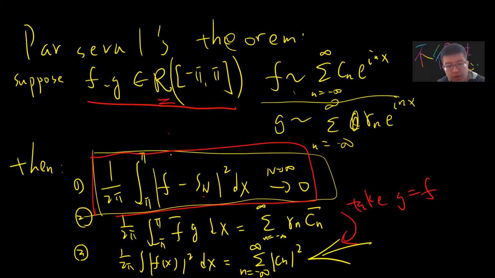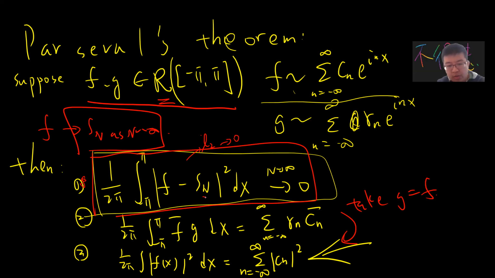Okay, so let me just mention the whole key point. The whole point is that I never say that Sn becomes F as n goes to infinity pointwise. I don't say this, but I can prove that their square difference, their L2 norm, goes to 0 as n goes to infinity.